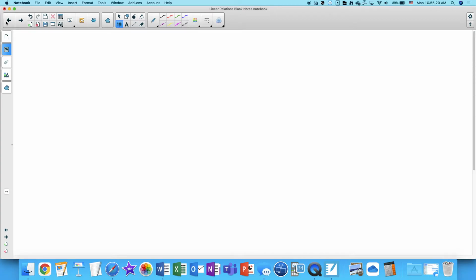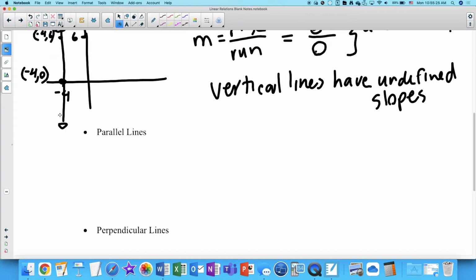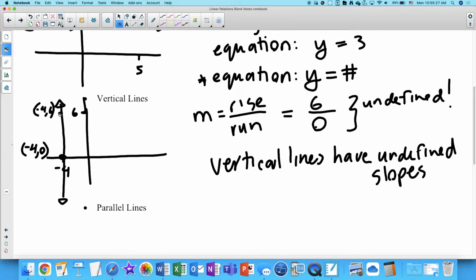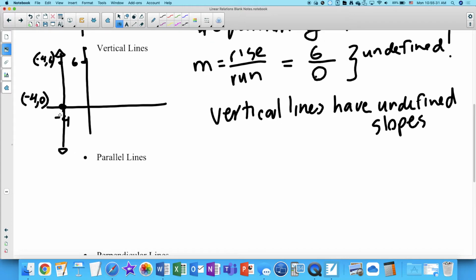Where did my page go? There we go. Okay. But yeah, important thing to remember about vertical lines is that they have undefined slopes because the run, which is in the denominator, is 0. Okay? What do you think the equation of this line would be? For the horizontal line, the equation was y equals 3.